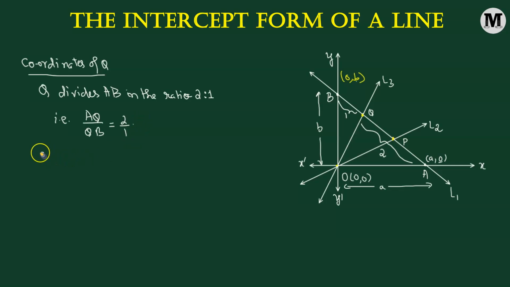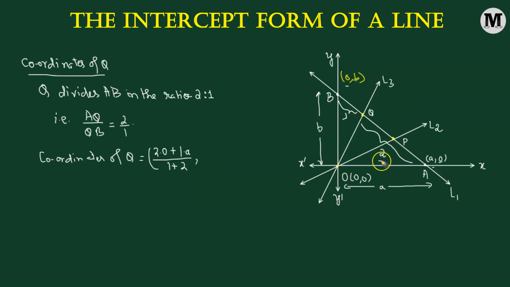Okay, now coordinates of Q, that is going to be equals to, so we take 2 and multiply it to the x coordinate of point B. So we have 2 times 0 added to 1 multiplied to the x coordinate of point A, so 1 multiplied to a, divided by 1 plus 2, the sum of the ratios.